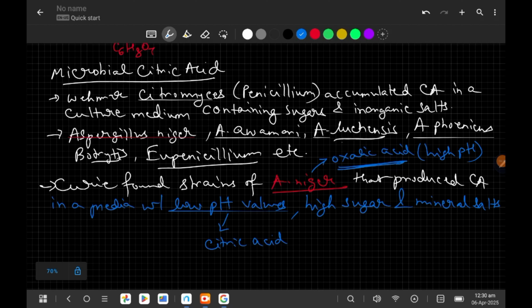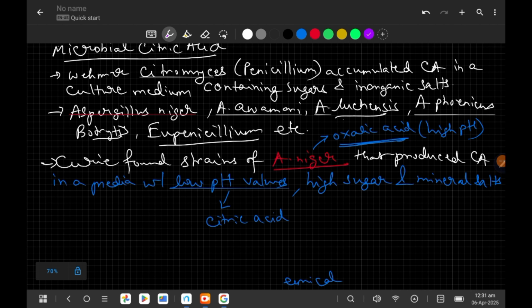Alright, so in biotechnological terms, citric acid is called a low value product, because it is very easily available in natural form and could be easily made.